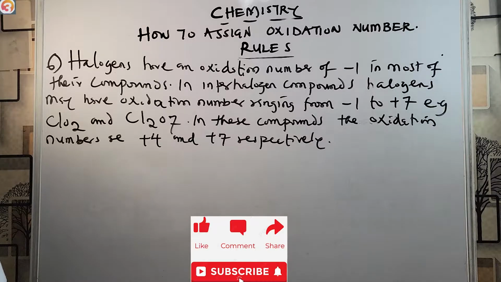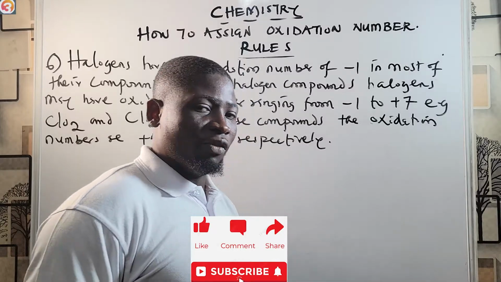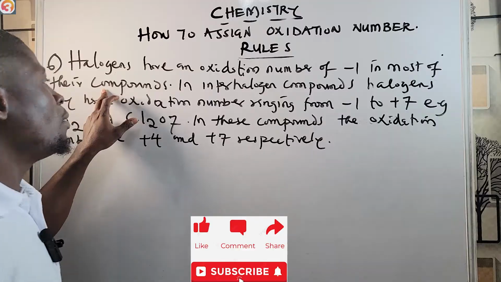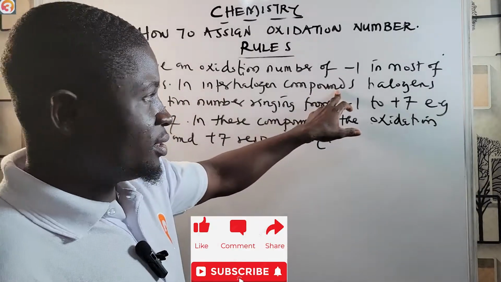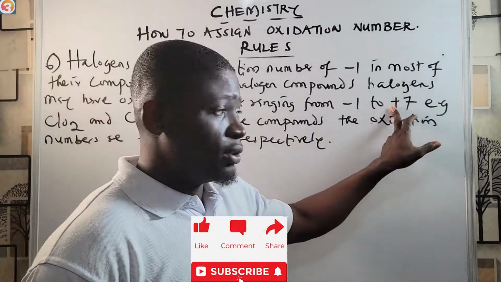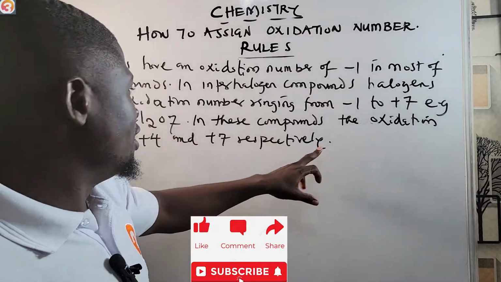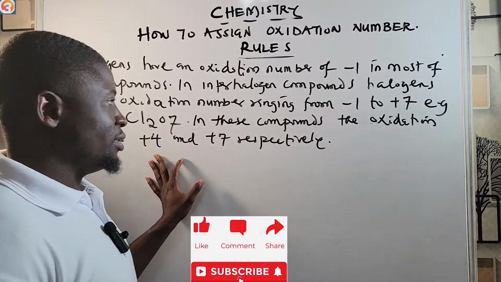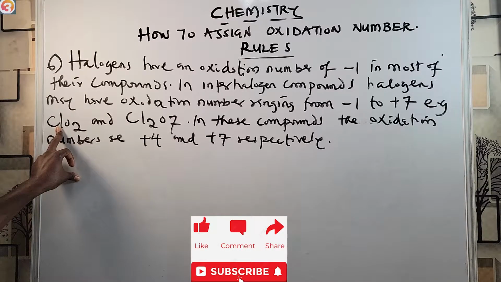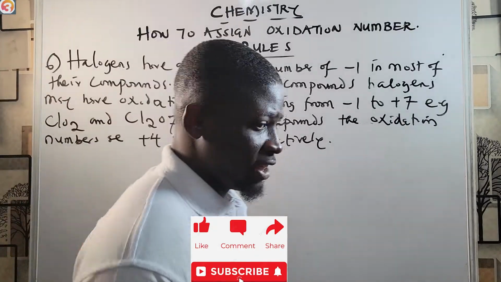So when we're considering our halogens, those elements in group 7A of the periodic table, halogens have an oxidation number of -1 in most of their compounds. In interhalogen compounds, halogens may have oxidation numbers ranging from -1 to +7, e.g., ClO2 and Cl2O7. The oxidation number of Cl in ClO2 is +4, while in Cl2O7 it is +7, respectively.